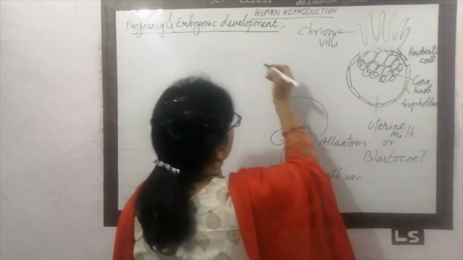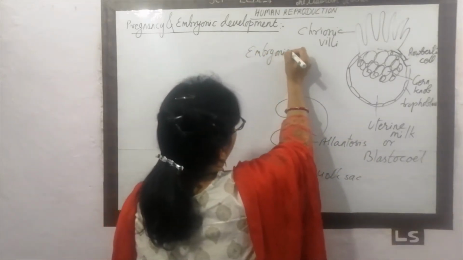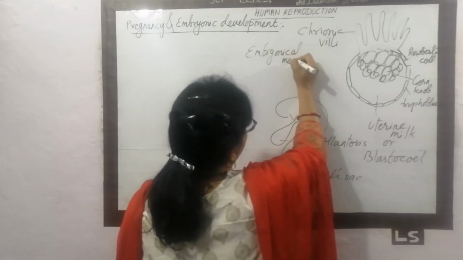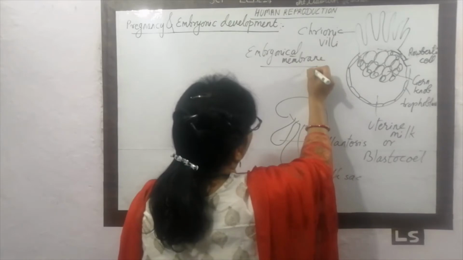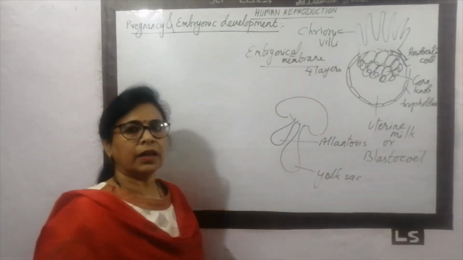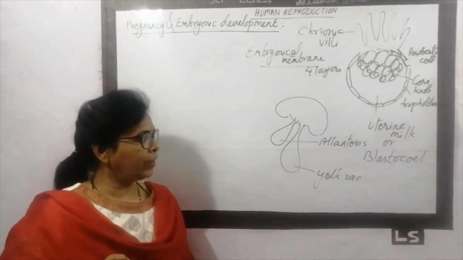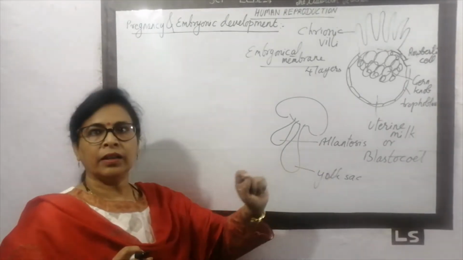As I told, the embryonic membrane is made up of 4 layers. One is the yolk sac, second is the allantois.